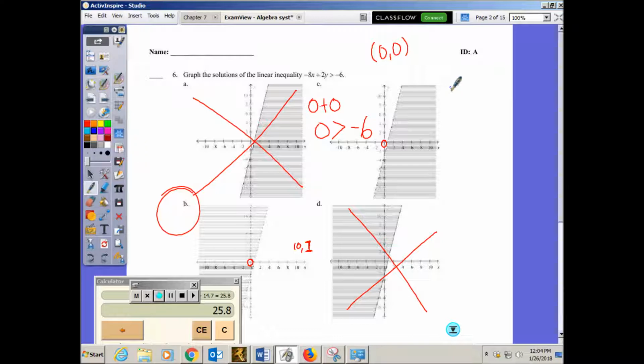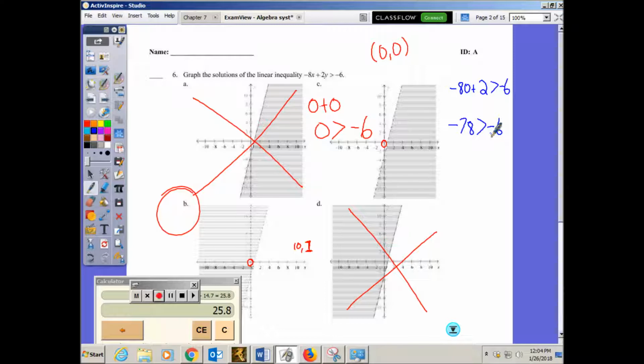Negative 8 times 10 is negative 80. 2 times 1 is 2. Negative 80 plus 2 is negative 78. Is negative 78 greater than negative 6? No. So guess what? It's not a solution. Don't shade that side. Shade the other side.